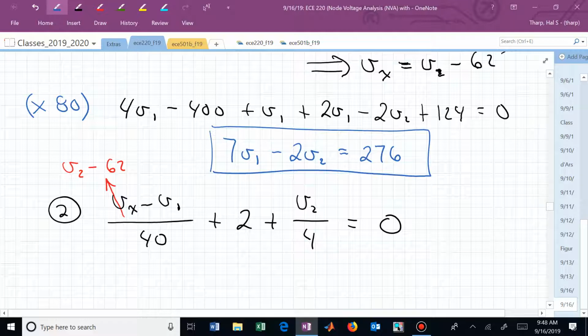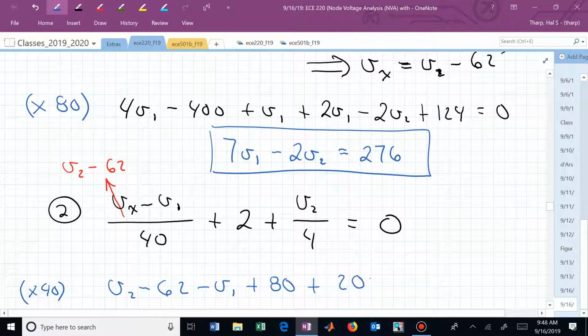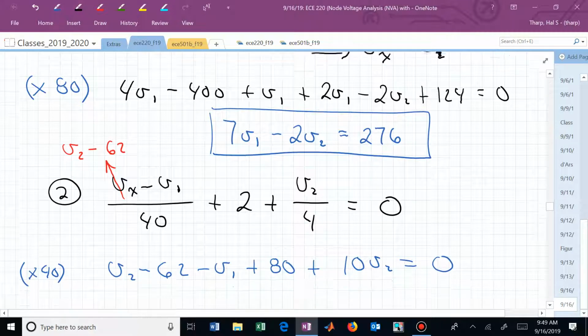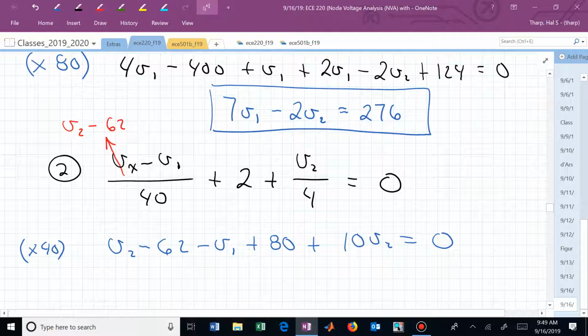And I now end up with V sub 2 minus 62 minus V1 plus 80 plus 20 V sub 2. No, I'm multiplying by not 80, 40. 10 V sub 2 equal 0. I couldn't do that in my sleep, could I? Up here sleeping.